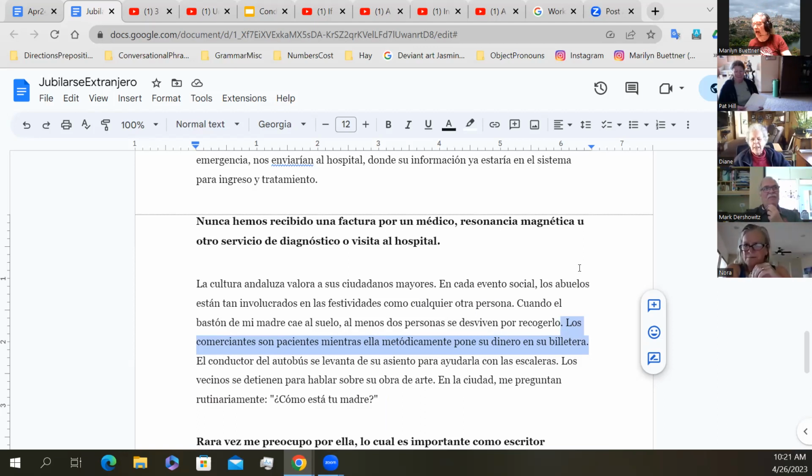Sí, de vez en cuando, cuando estoy esperando en la cola en el supermercado, a veces, de vez en cuando, hay alguien que está escribiendo un cheque para pagar en el súper.